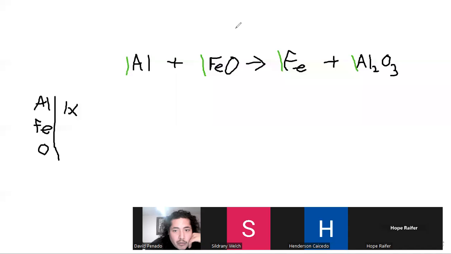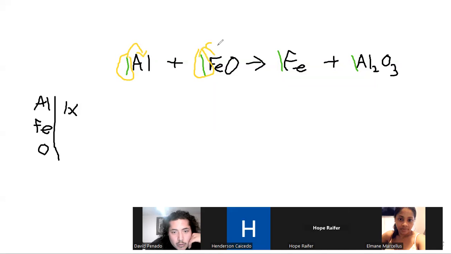This number affects all the other numbers. So right now I have one in each.